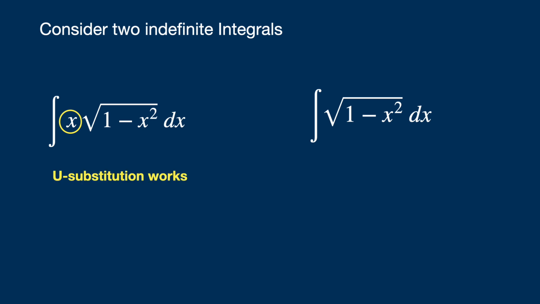U substitution works, because you let u be 1 minus x squared, and du will be negative 2x. But the right side, the integral of the square root of 1 minus x squared dx, we cannot evaluate with any technique we learned so far. Now, we need a new integral technique to evaluate this integration.